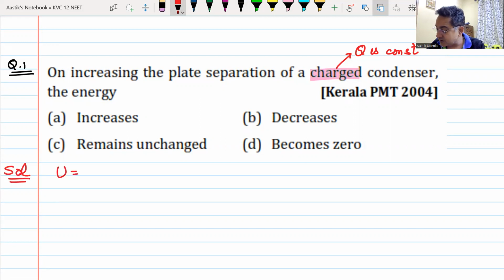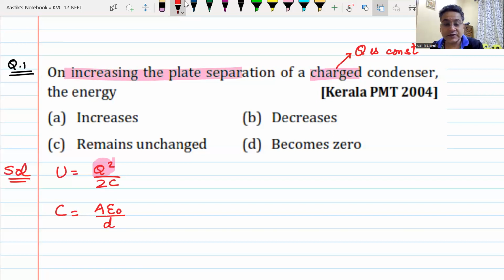Energy of a capacitor, I can write it as Q square by 2C. Now, here Q is remaining constant. So energy is inversely proportional to C. What happens on increasing the plate separation? Capacitance of a capacitor is epsilon naught A by d.